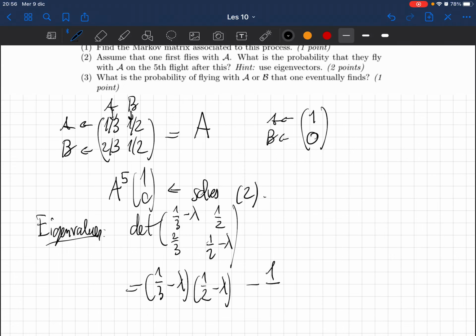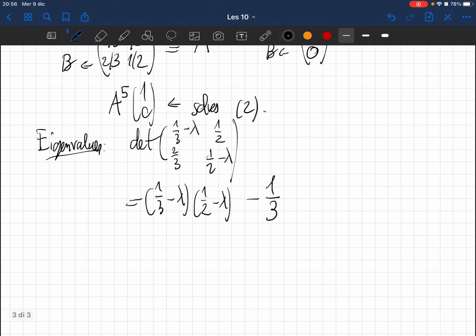So it's 1/6 minus lambda, third minus lambda.